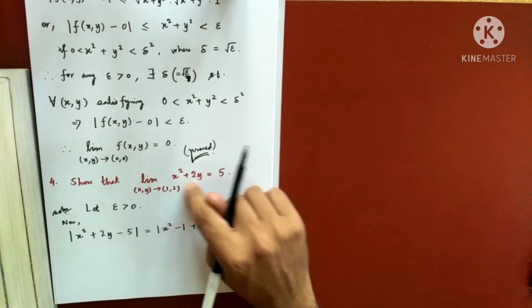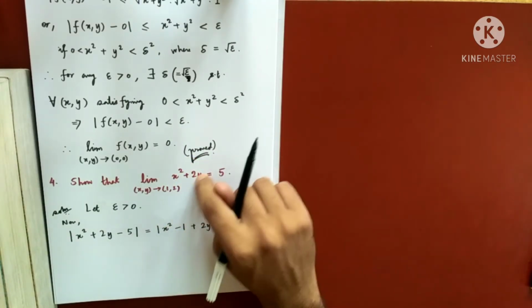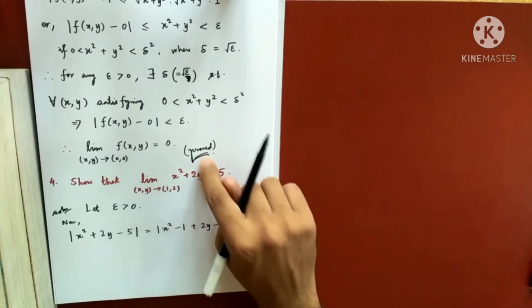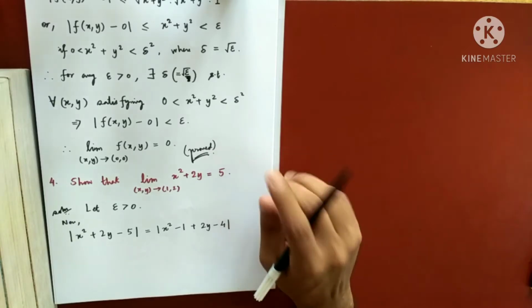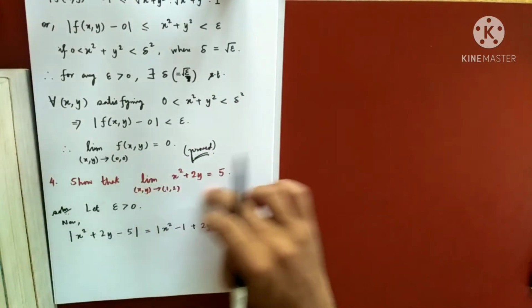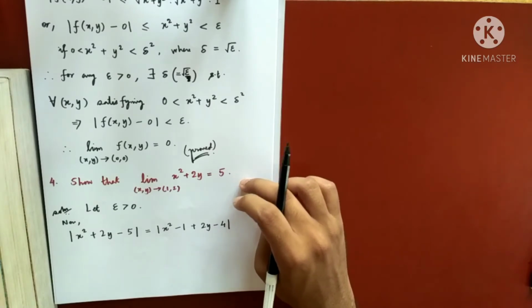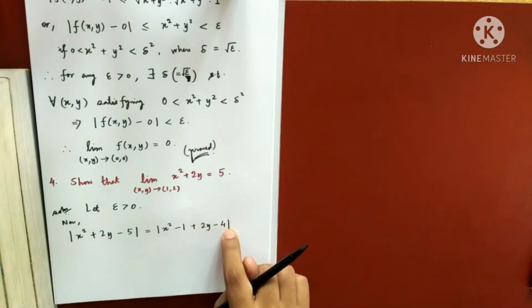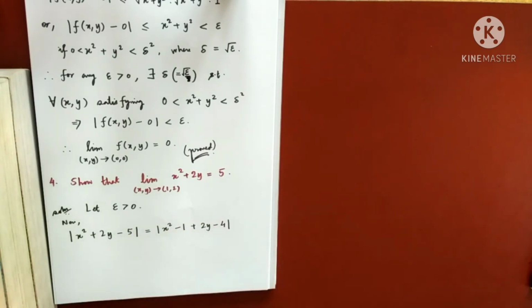So you'll put here 1 and here 2. 1 square is 1, plus 2 times 2 is 4, 1 plus 4 is 5. 5 is the answer. That is true in the case of a multi-variable function also. But I am now using the epsilon-delta definition to prove that the value will be 5. So I am breaking this 5 as 1 plus 4, so there was minus, so minus 1 minus 4.